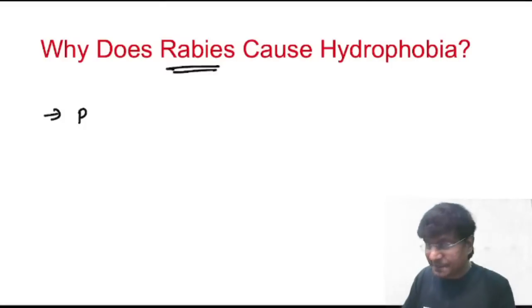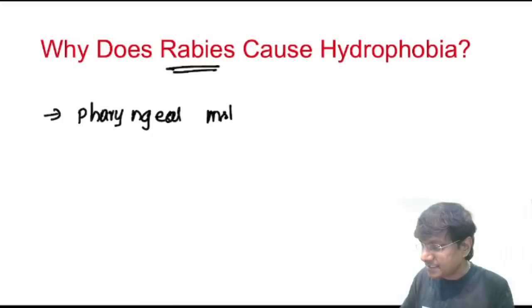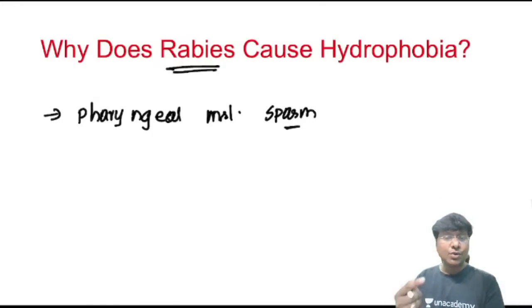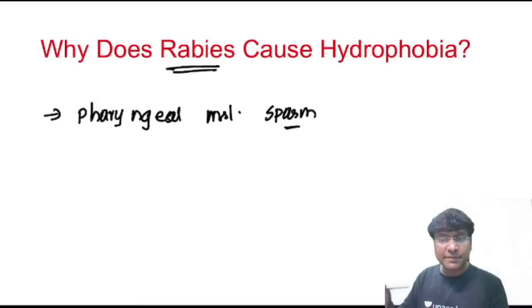So now these patients will have pharyngeal muscle spasm. Which patients? These patients with rabies. So hydrophobia results from pharyngeal muscle spasms that make it difficult for the rabies victim to swallow.